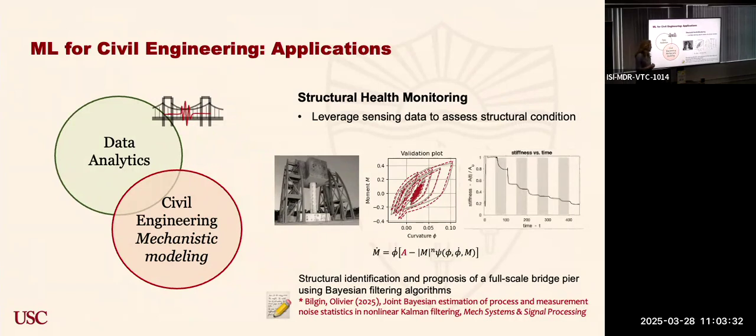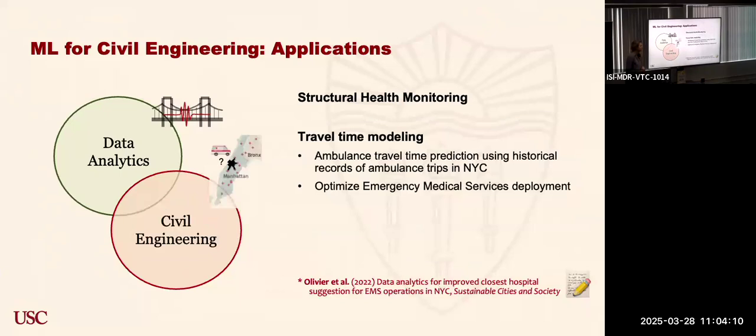So in this type of algorithm, we combine mechanistic models that represent the mechanics of the structures that we're monitoring and sensing data. And from this, we try to, for example, learn the parameters that govern those mechanistic models to try and detect potential damage. So here, for example, there is a reduction in stiffness that is actually a damage pattern. So this is one of the ways we use data for monitoring civil systems.